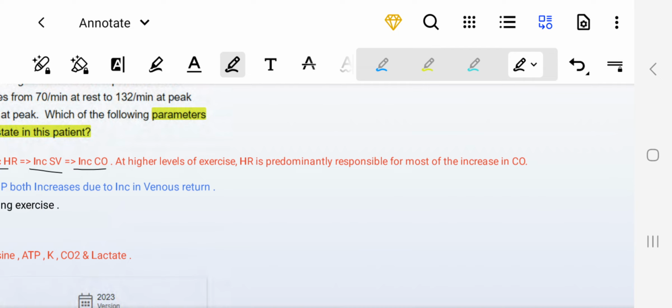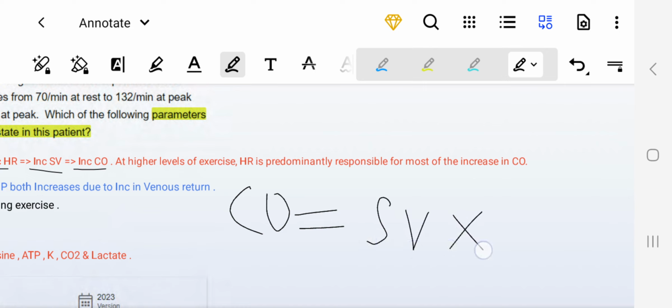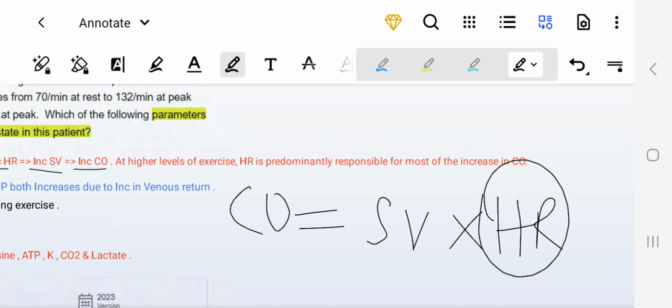Cardiac output is determined by two things, stroke volume multiplied by heart rate. So in higher exercise, the predominant determinant is heart rate, and not stroke volume.